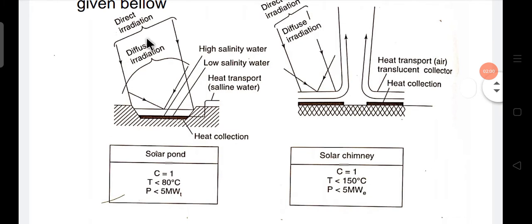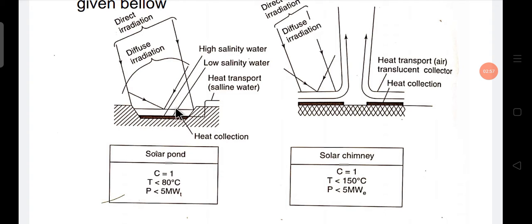The first one is the solar pond. Previously we have seen what a solar pond is and how it works; here we describe it briefly. In a solar pond, the direct radiation as well as the reflected or diffused radiation falls on the water of the pond, which has layers of different salinity. The upper layer has low salt, and the bottom layer is highly salted water.